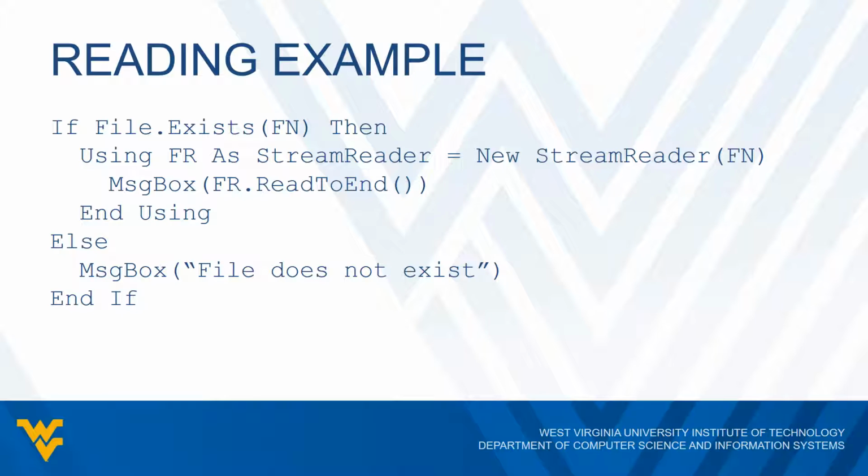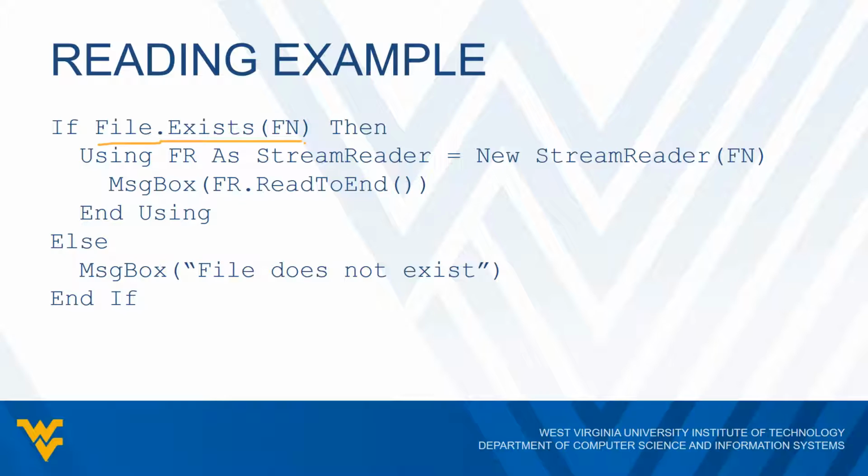Here is an example of reading from a file that uses everything we've talked about so far. Up top, we are checking to see if the file exists. So we have file.exists, and fn we're assuming is the file name. If that's true, then we go inside the then portion where we create the stream reader object.